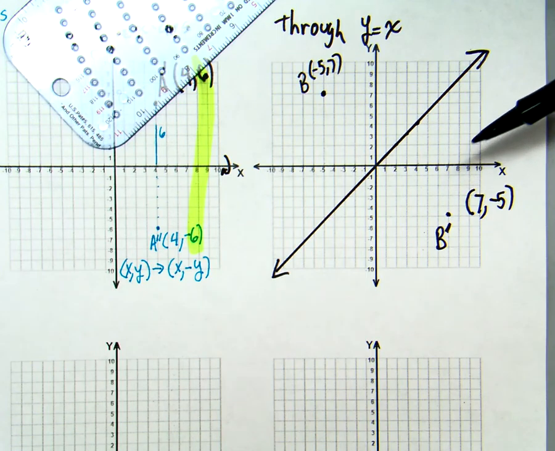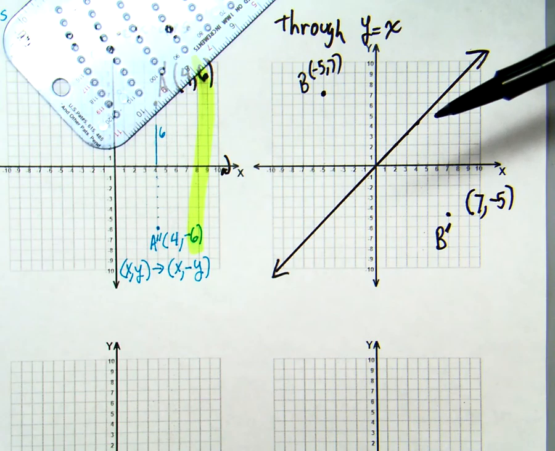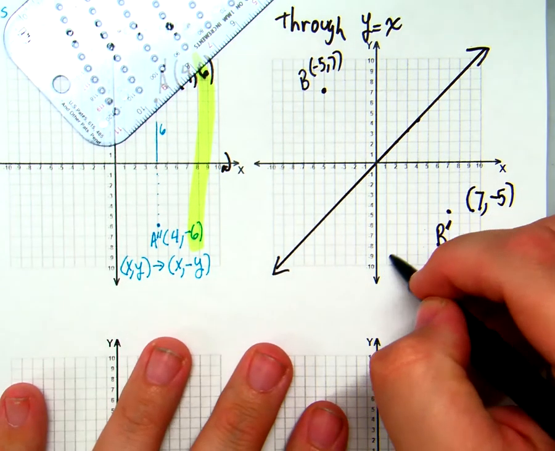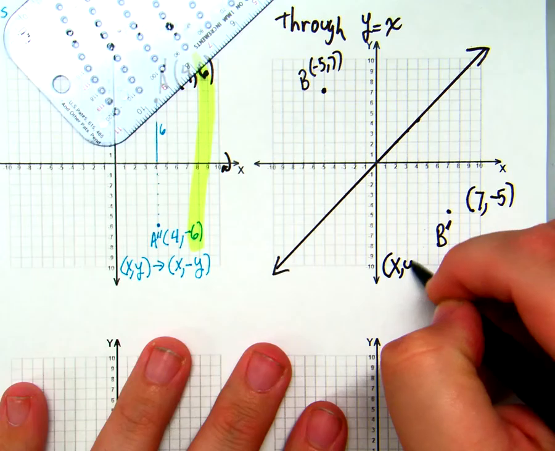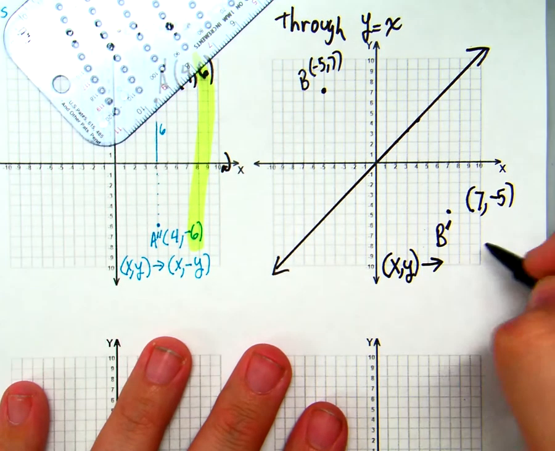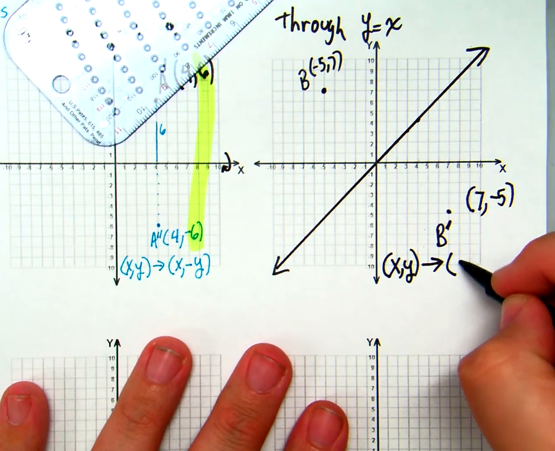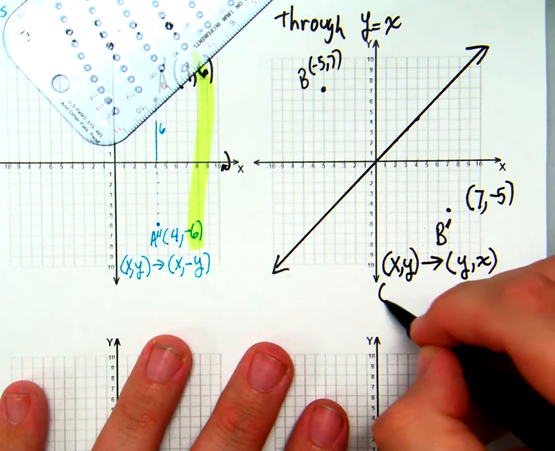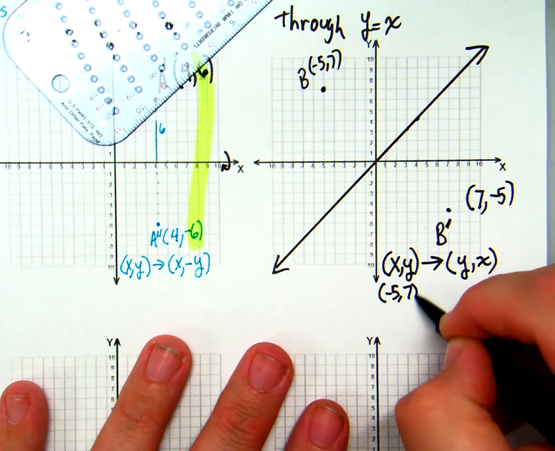Yeah, the x and the y, they just switched positions, didn't they? The x became the y and the y became the x. So we can say that if we start at a point x, y, we're going to end up at y, x. Just like for this one, it was negative 5, 7. It ended up, after reflection, at 7, negative 5.